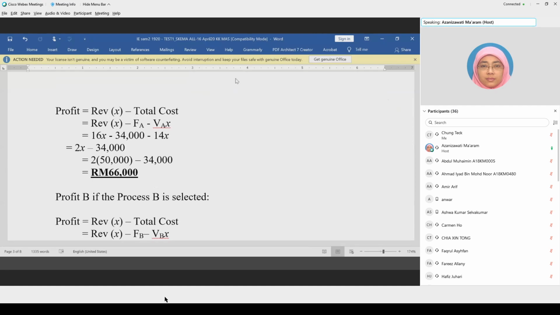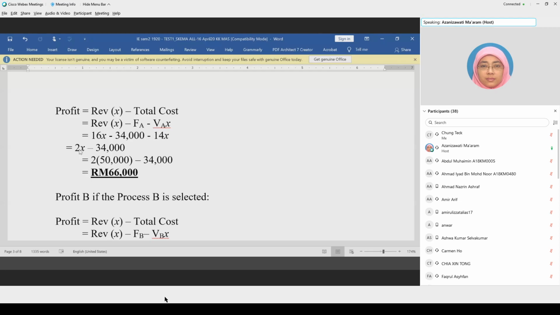Okay. So revenue tadi yang 16 ringgit, selling price. So the difference between harga jual tolakkan dengan total cost. So harga jual you X adalah demand dia 50,000. So you put 16X minus 34,000 for FA and minus with 14X.